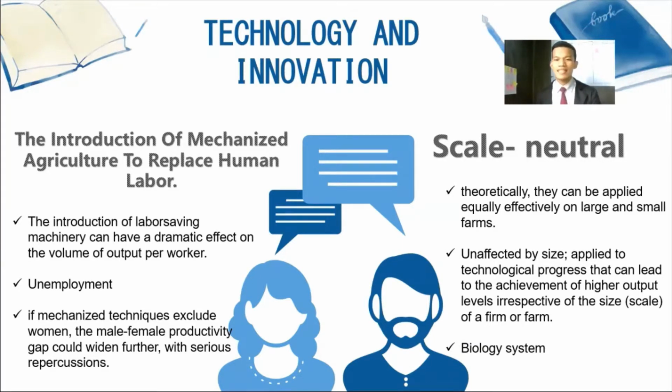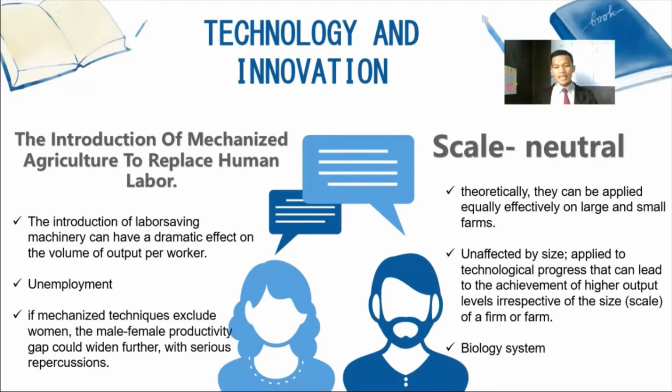Okay, and the second is the scale neutral. The scale neutral is theoretically can be applied equally effectively on large and small farms. Okay, we have to understand what is the scale neutral. Scale neutral is unaffected by size, applied to technological progress that can lead to the achievement of higher output levels irrespective of the size scale of a firm or farm.